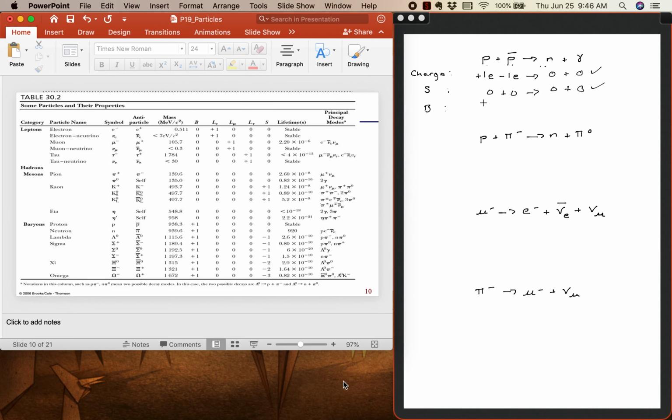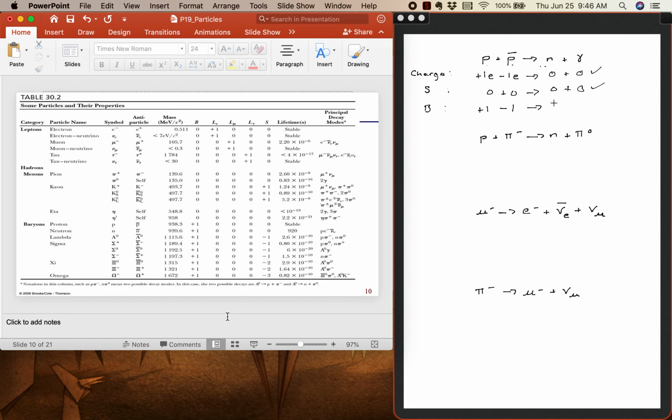A proton has a baryon number of +1. We can see it is in the table right here. And for an antiproton, you take the reverse of whatever the conservation number is for the proton. So that would be -1.